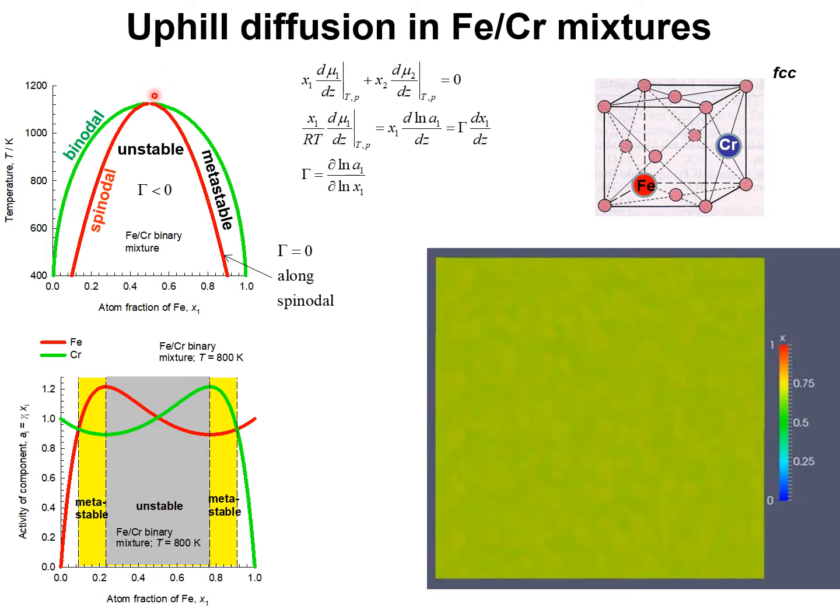However, as the temperature is reduced below 1100 degrees Kelvin, there's a region where phase splitting occurs. The green line shows the binodal curve and the red line shows the spinodal curve. Along the spinodal curve, the thermodynamic correction factor is 0, and gamma is less than 0 in this region.